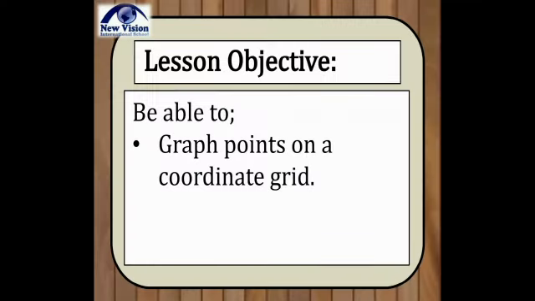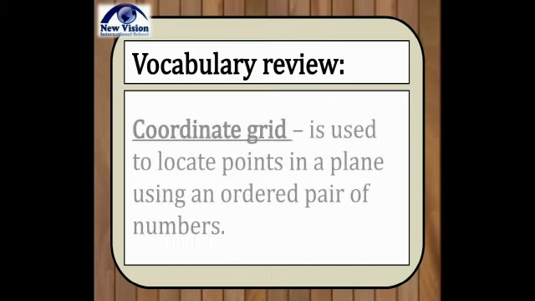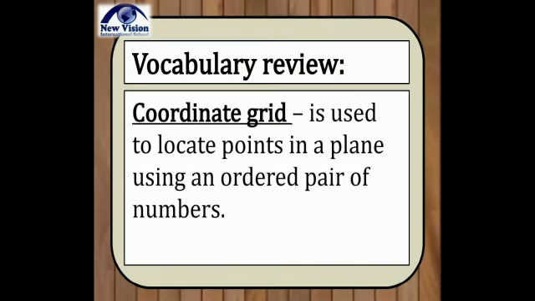So before we proceed to our main lesson, let's have a short recap of the vocabulary words that we discussed from our previous lesson. So first, we have the coordinate grid, which is used to locate points in a plane using an ordered pair of numbers.